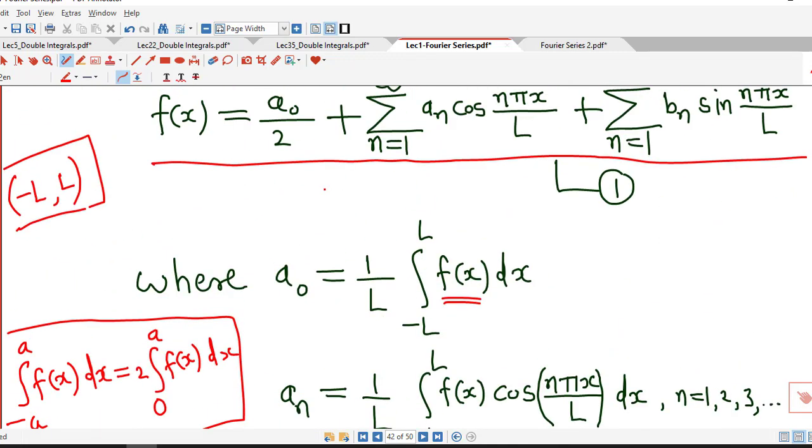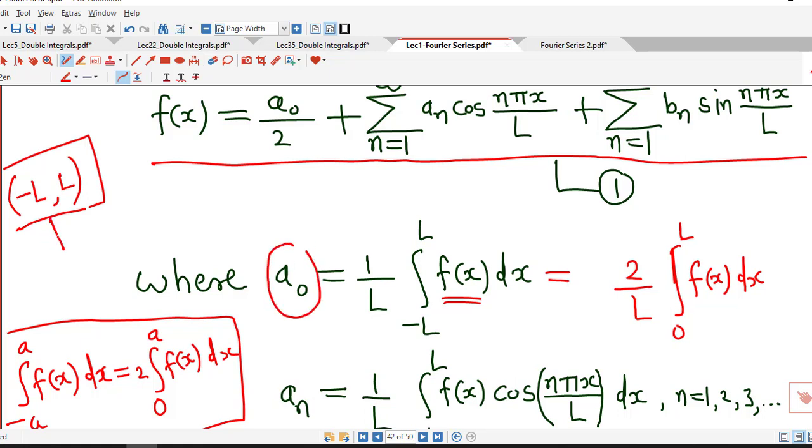So if f(x) is even and defined on this type of interval, we can use this formula to compute the Fourier coefficient a0.